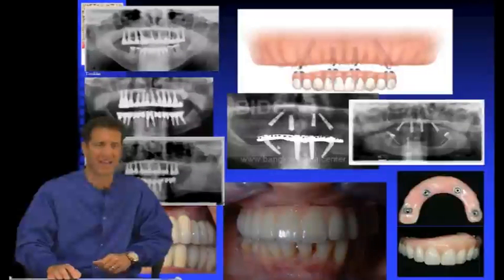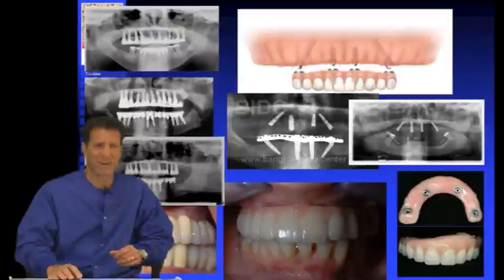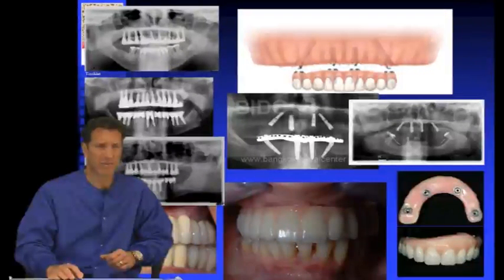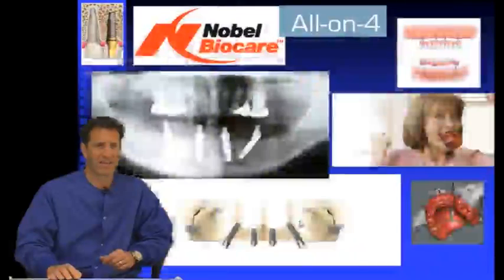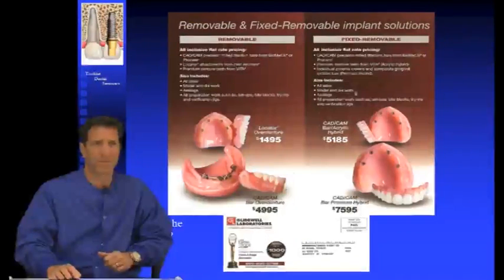If you look at a case like this and a case like this, you can just tell that there's more support by having these implants that are more abundant. And it allows for a more natural-looking prosthesis. But companies are advocating it. This is an advertisement from a lab showing 4 non-splinted implants to support a full arch denture. Not what I do in my office. I think that there are better ways to address that.